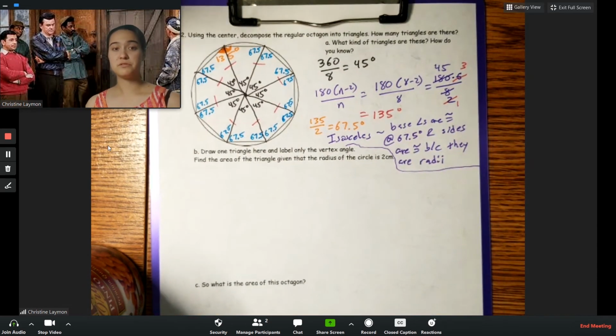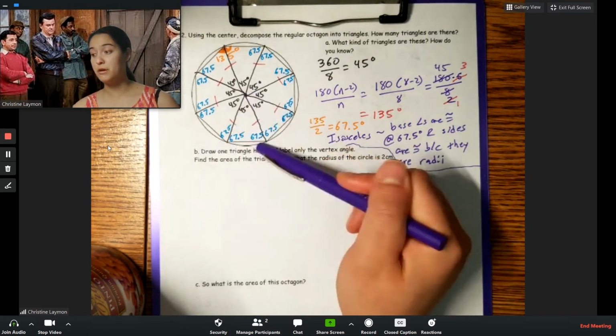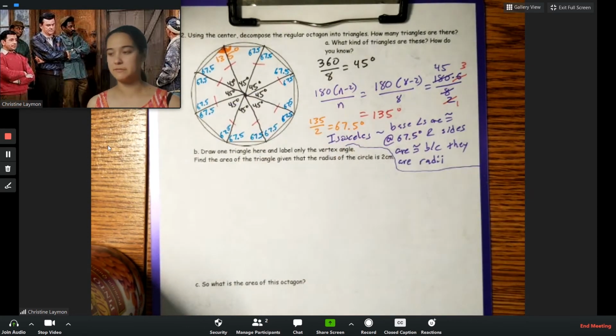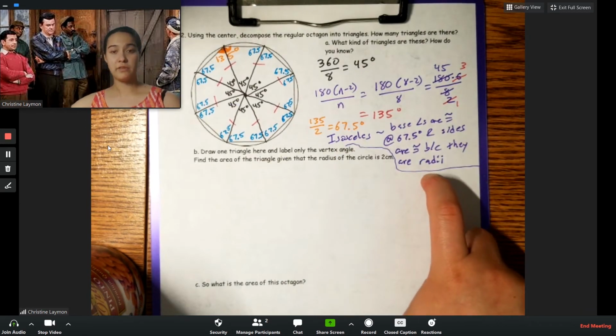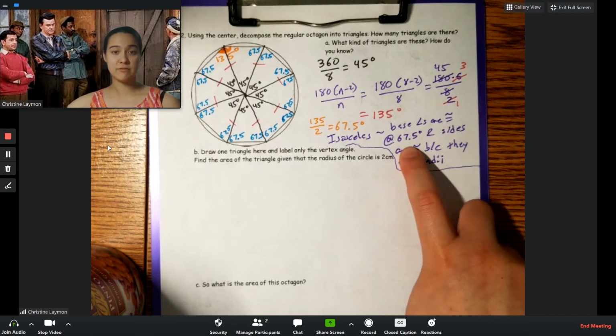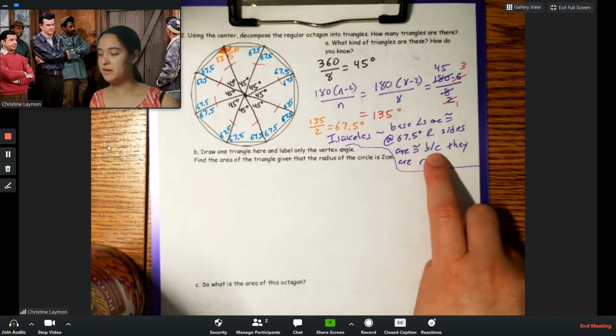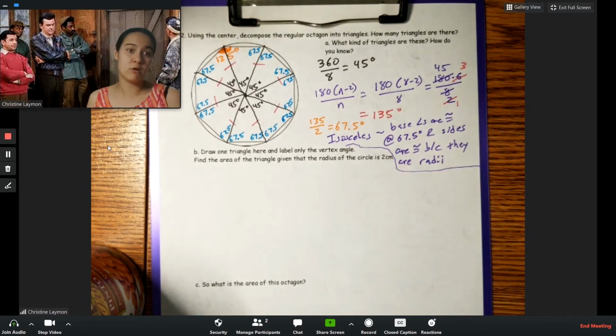When we're doing this, notice that these triangles are either equilateral or they're just isosceles. You would never have scalene. Either these two sides are the same only, or all 3 are the same. There are no other choices. So again, what I just said here, they're isosceles, base angles are congruent at 67.5 degrees, and sides are congruent because they are radii, and all radii have to be the same in the same circle.